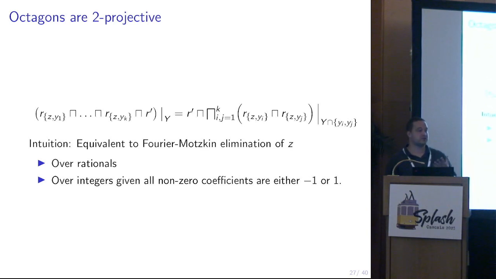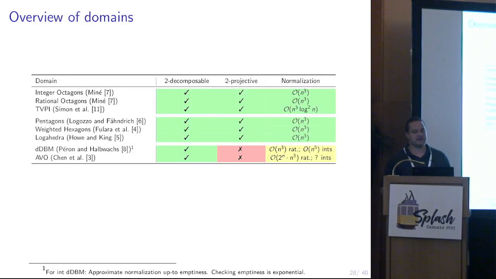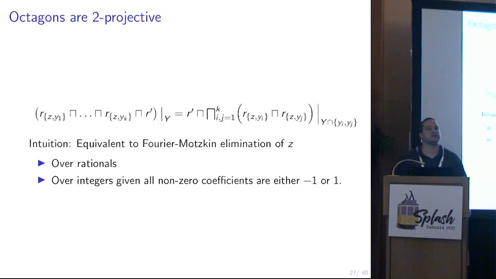And this works over the rationals, so this is sort of well known, but it also works over the integers, given that all non-zero coefficients that appear are either -1 or 1. So this means that both the integer octagons as well as the rational octagons are 2-projective.